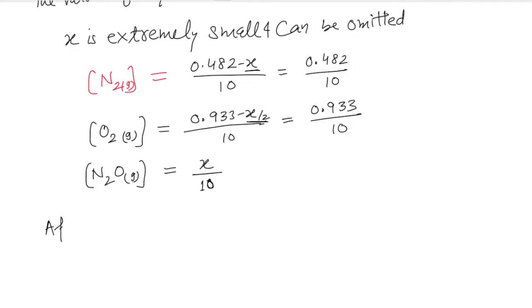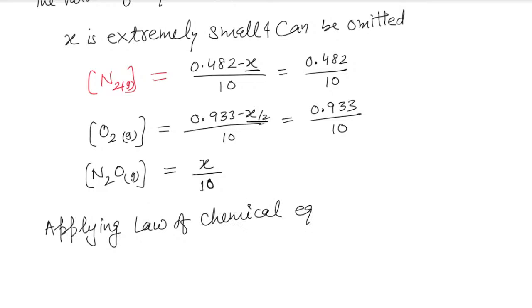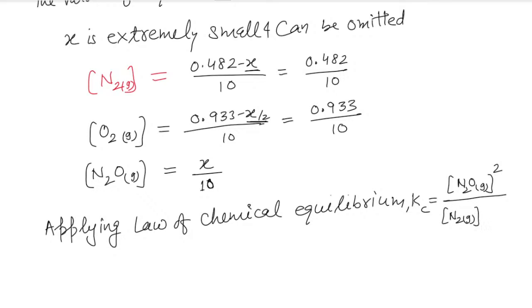Now, just apply law of chemical equilibrium. So, if you apply law of chemical equilibrium, you know what is Kc? Kc is equal to concentration of products raised to the stoichiometric coefficient divided by product of the concentration of the reactants, sorry, raised to power their stoichiometric coefficients.